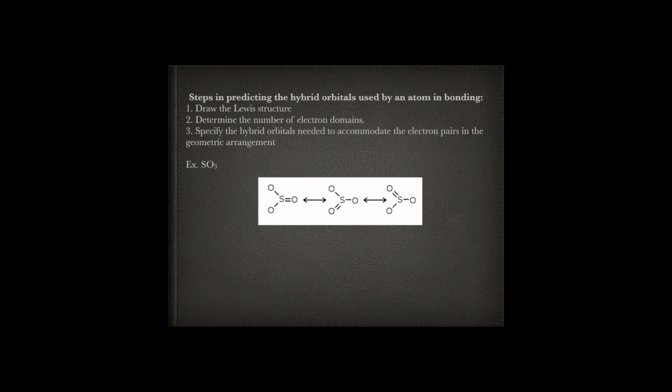If instead you had 4 electron domains, like in the previous slide, it would be sp3. If you had 2 electron domains, it would be sp. And if you had 5 electron domains, notice with sp3 you can't go above 3 for the p because there are 3 orbitals, so then you would go to the d. So it would be sp3d for 5 electron domains.